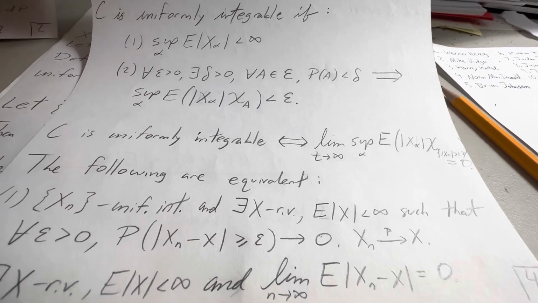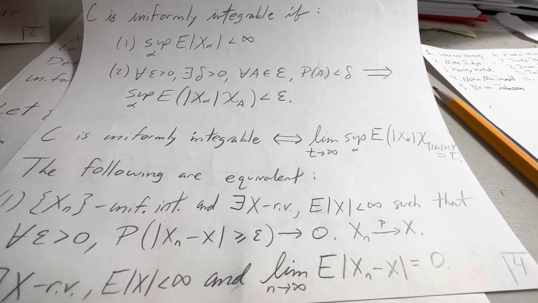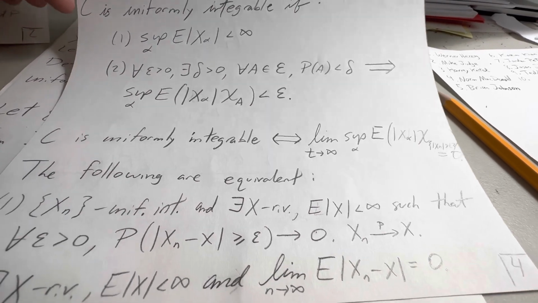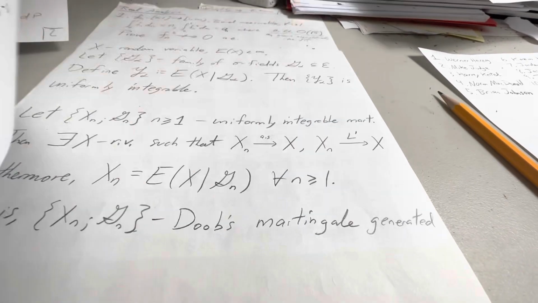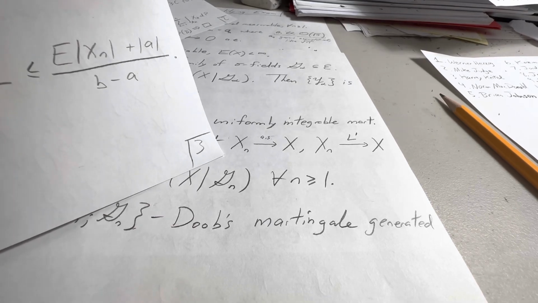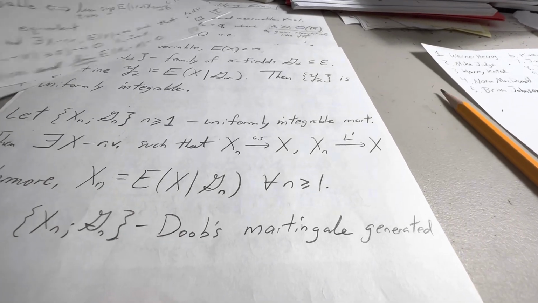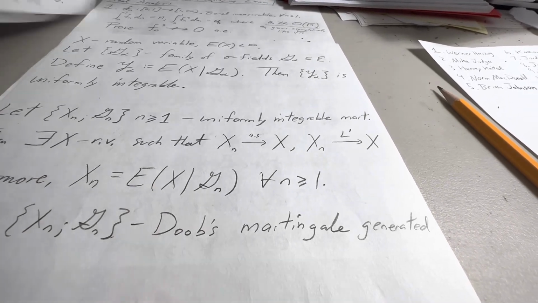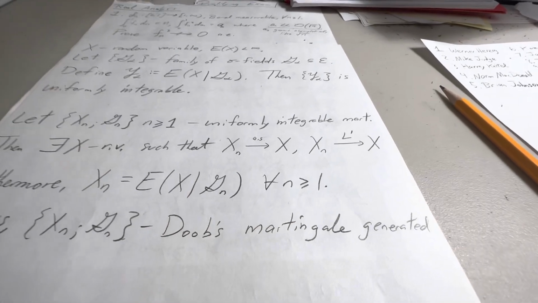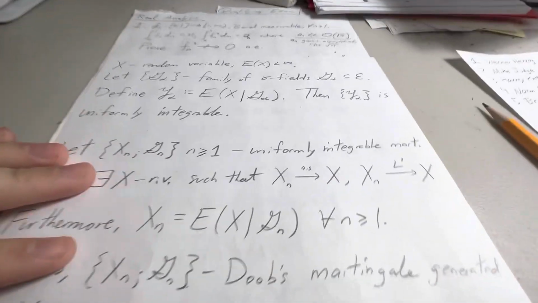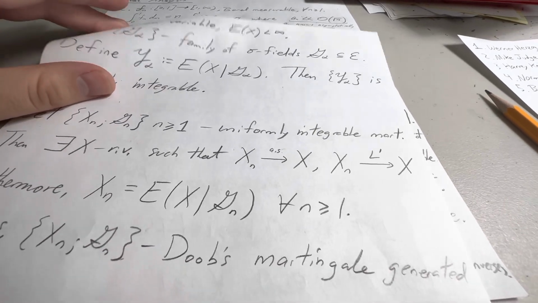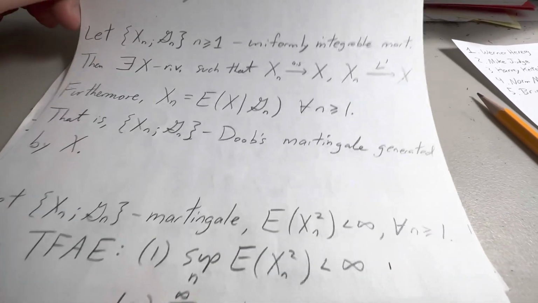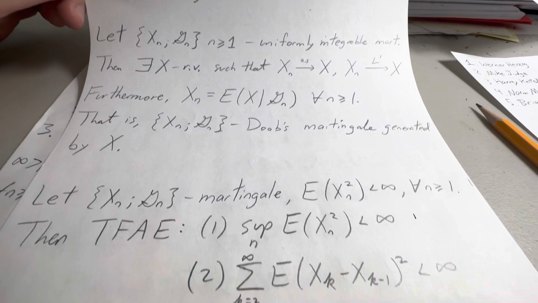This is just more definitions, equivalent definitions of uniform integrability. And I know that somewhere in here, Doob's martingale is the only uniformly integrable martingale. It's in here somewhere.